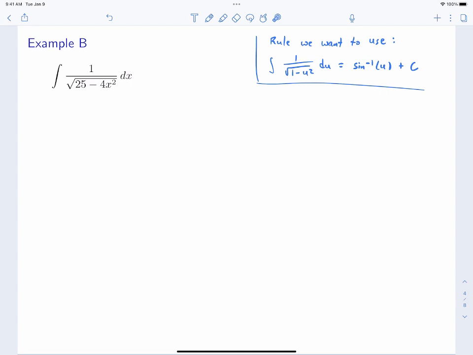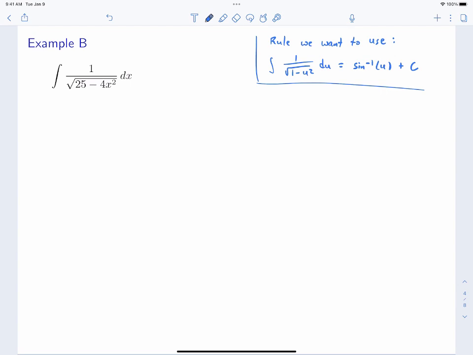And we have to figure out what u is in order to make this expression, 1 over the square root of 25 minus 4x squared, look like 1 over the square root of 1 minus u squared. Well, the first thing to do is to get rid of this 25. See, we have a 1 here, so we want to have a 1 in this expression too. So we're going to do what we did before, which is factor out the 25.